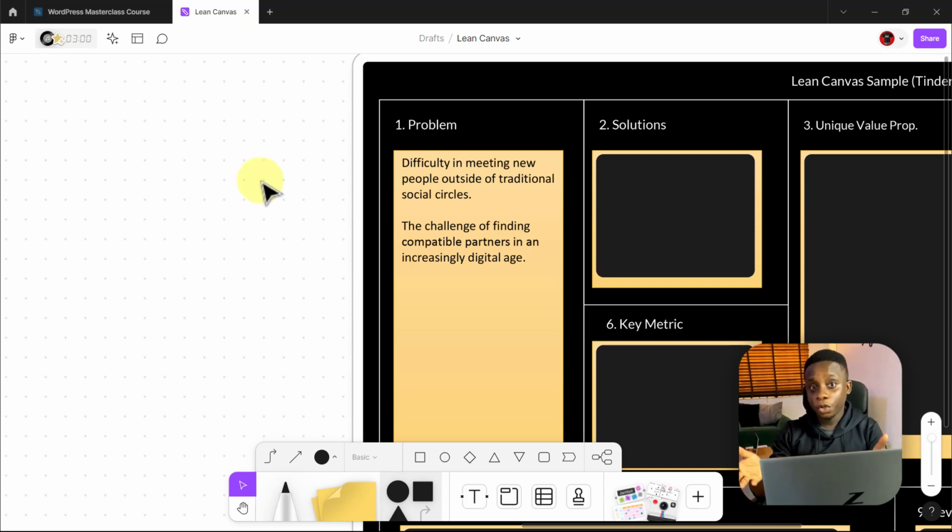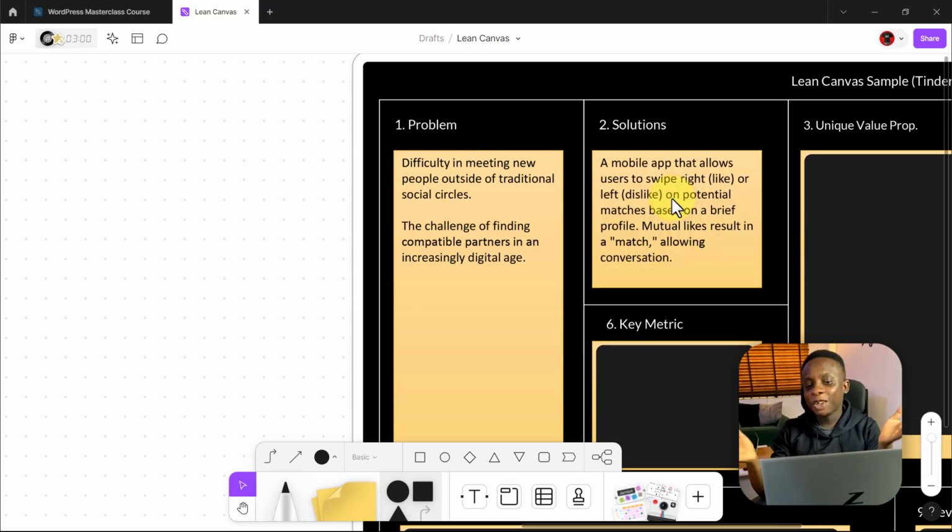So they found a solution to that, and the solution was a mobile app that allows users to swipe right to like or swipe left to dislike on potential matches based on a brief profile. Mutual likes result in a match, allowing conversation. We all know how far Tinder has gone.